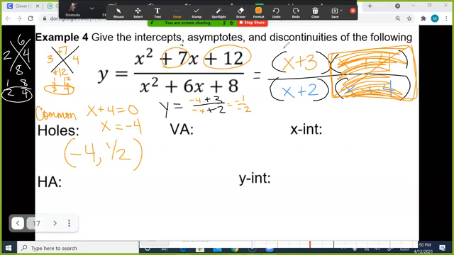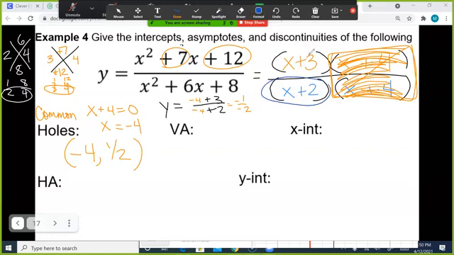So you take the reduced form, take out the hole, plug in the number that you got for the x, plug it in for the two x's, simplify the numerator, simplify the denominator, and solve. Everything else is the same. So your vertical asymptote, you're going to use your reduced form and look at the denominator.